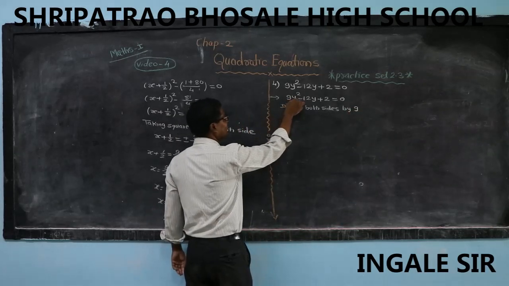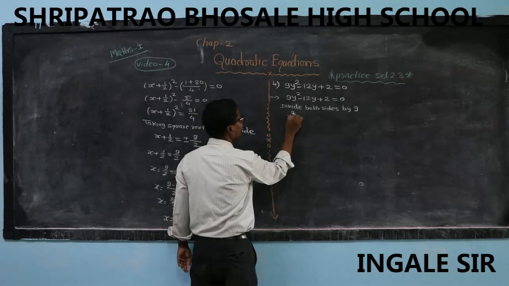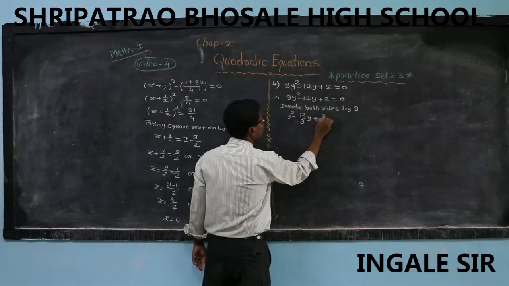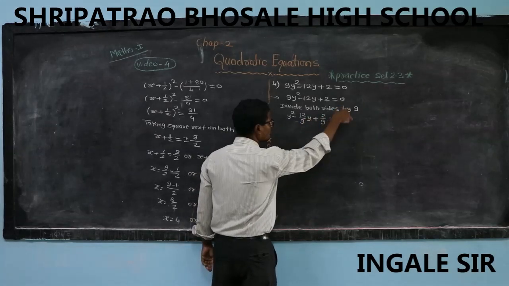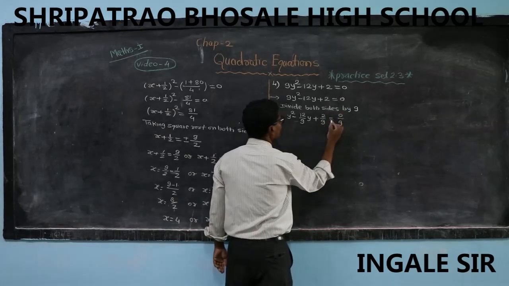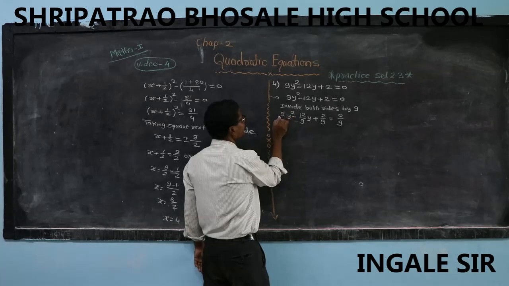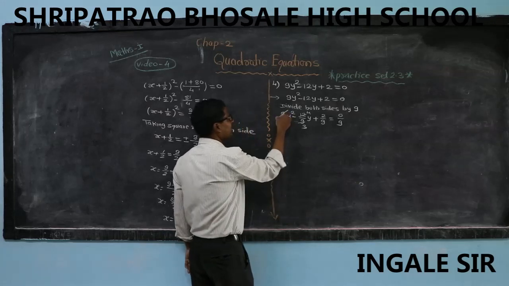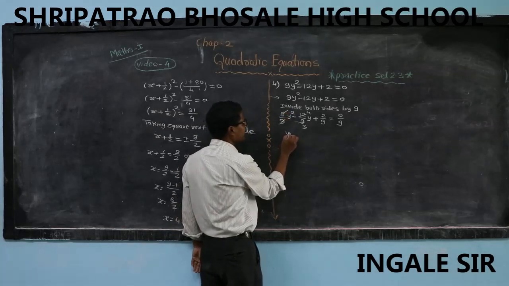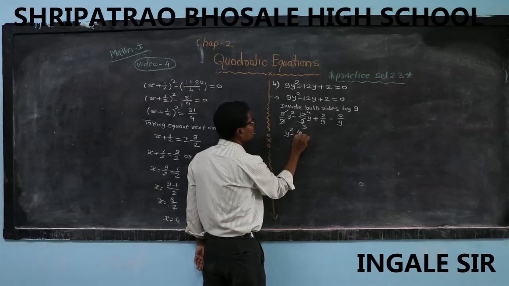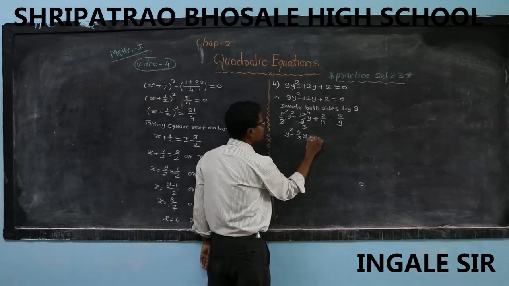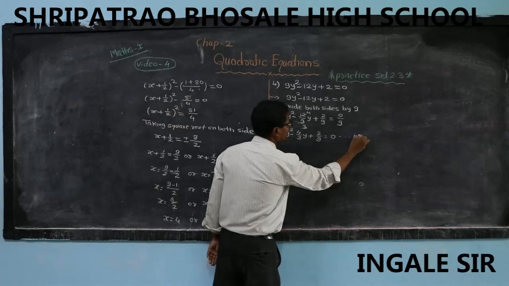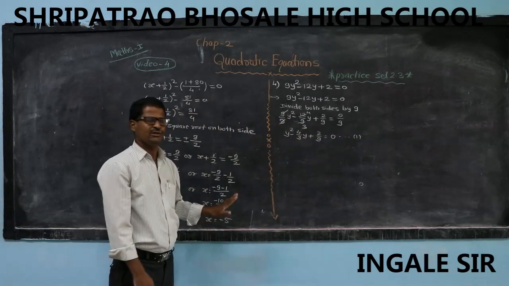So 9y square divided by 9 is y square, minus 12 by 9 y, plus 2 by 9, is equal to 0 by 9. 3 fours are 12, 3 threes are 9. 9 by 9 gets eliminated, so we get the quadratic equation y square minus 4 by 3 y plus 2 by 9 is equal to 0, since 0 by 9 means 0. Call this equation 1. First we have to convert the equation in this way.